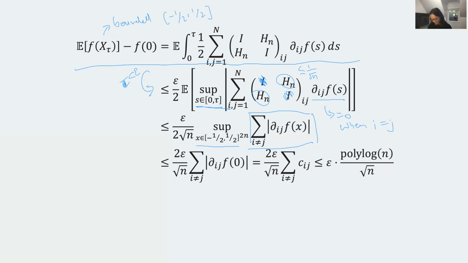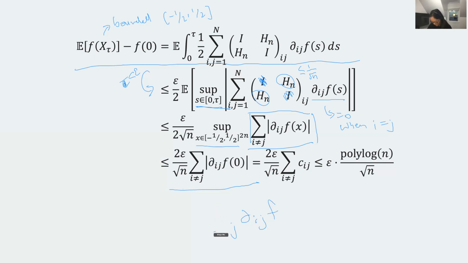And so this is exactly equal to the sums of the, I use the other inequality that I talked about, which said that instead of looking at x, I can just look at 0. So I can take it out of the supremum, and then this sum over i not equal to j of partial ij f. Oh, okay, sorry.